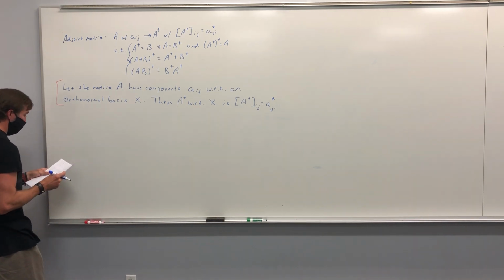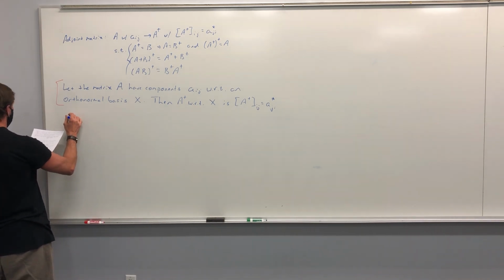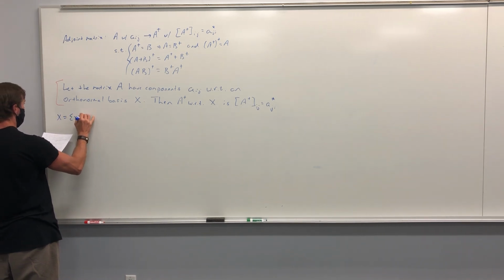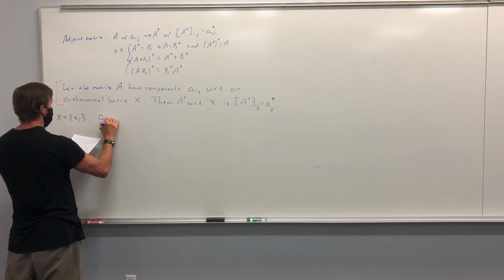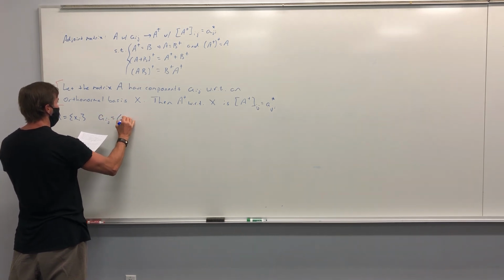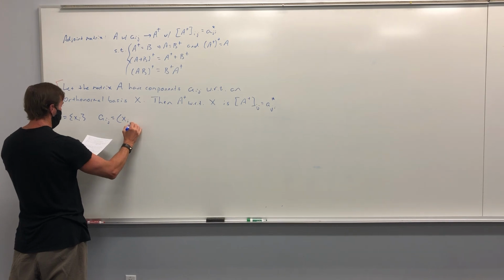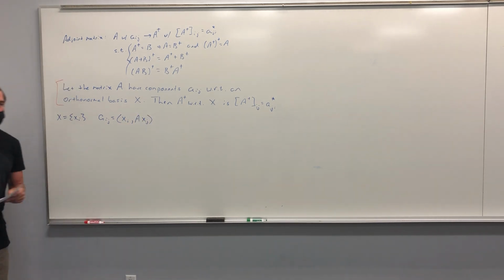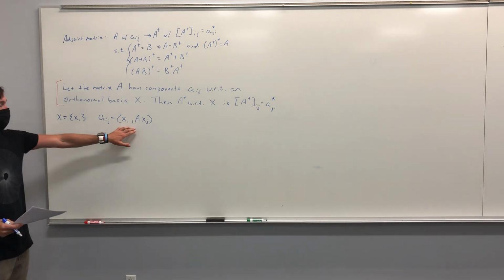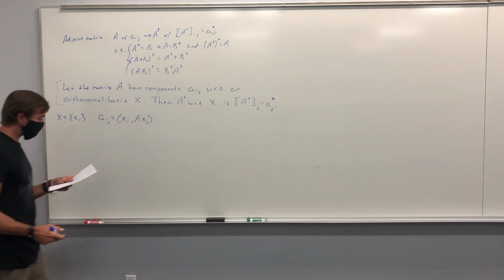Now let's prove this. So the basis x is going to be composed of orthonormal vectors. So we have that A_ij is by definition the inner product of one of those with A acting on another. You might or might not recall this. We talked about this last time.